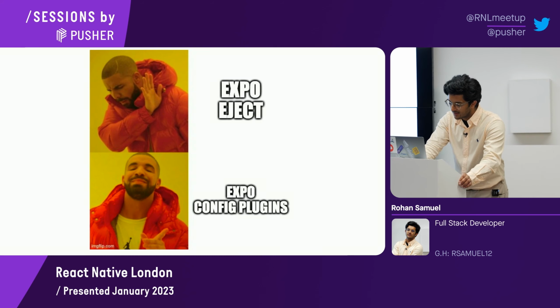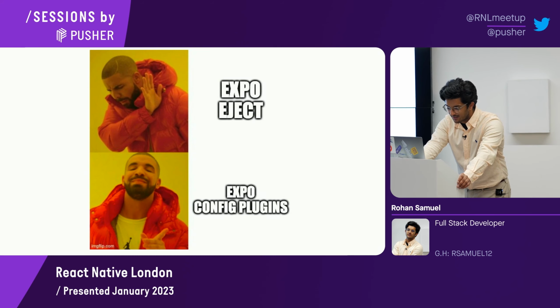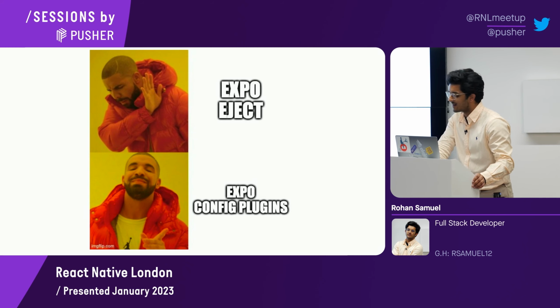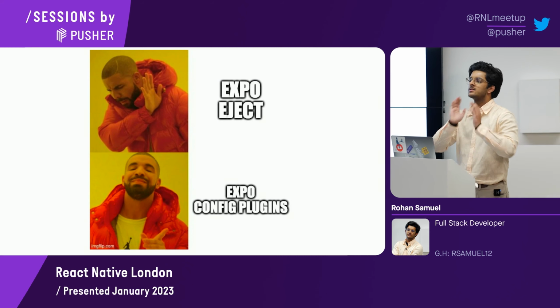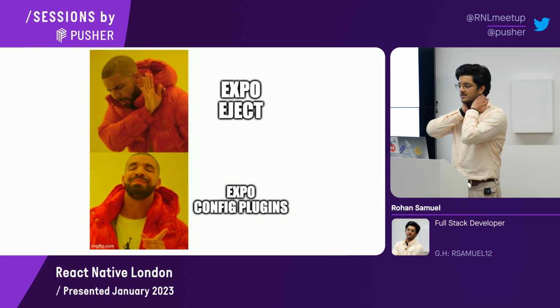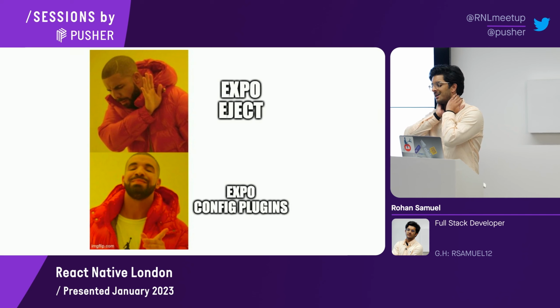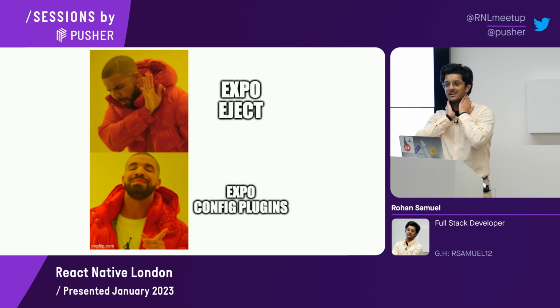Cool. So this goes into the big pain points that we found in my previous project, where we found a lot of blogs that talked about implementing Bluetooth in smartphone apps, but they wanted us to eject Expo.